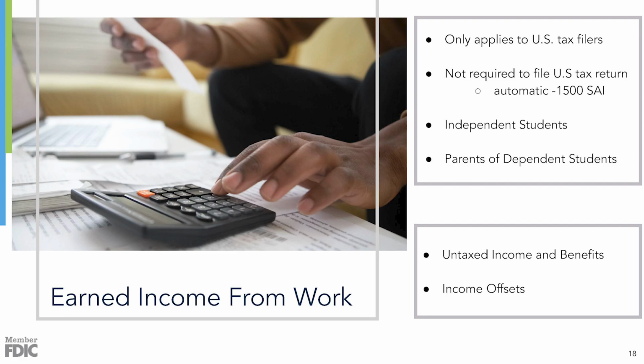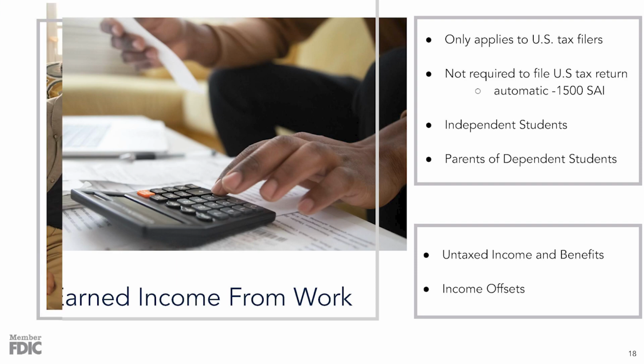If you do not have income earned from work, you may be receiving untaxed income and benefits, and these will be indicated on the FAFSA in the appropriate place. For those working, there are income offsets that are provided through the formula to help mitigate some of the cost that you face when you work.